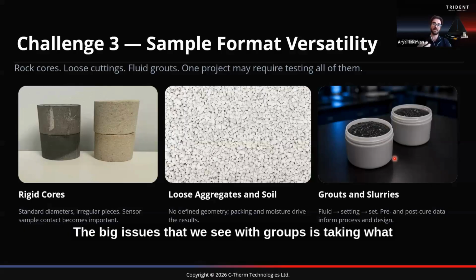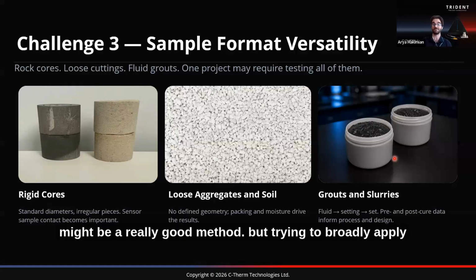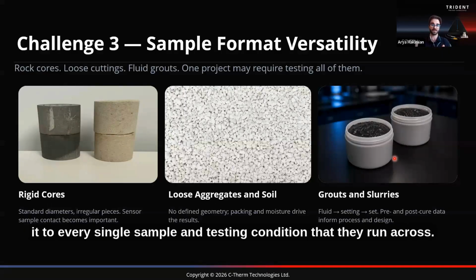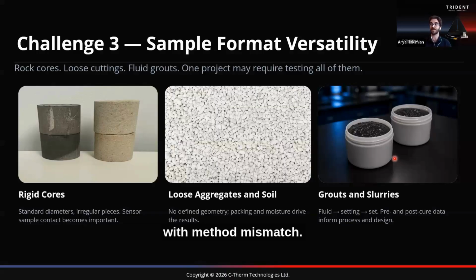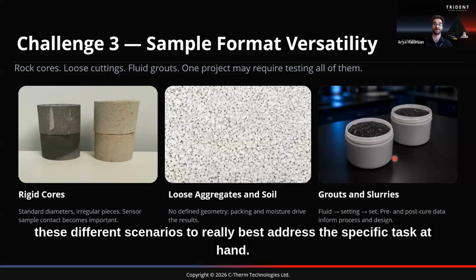The big issue that we see with groups is taking what might be a really good method, but trying to broadly apply it to every single sample and testing condition that they run across. This is really where you can run into issues with method mismatch. So again, with Trident, we'll take a look at how the different methods can come into play for these different scenarios to really best address the specific task at hand.